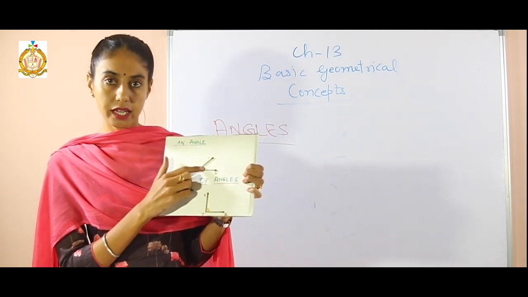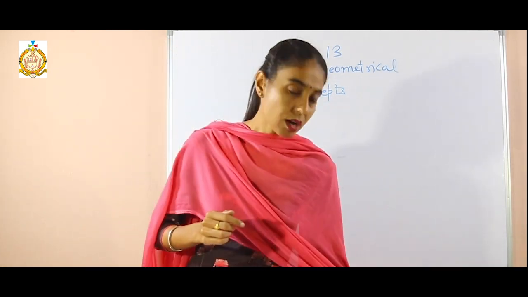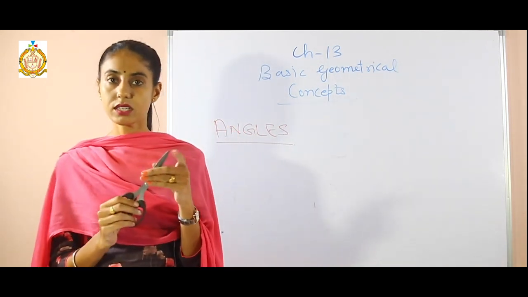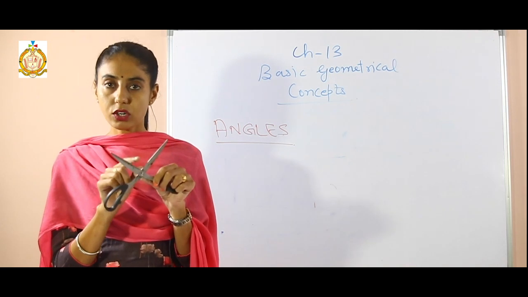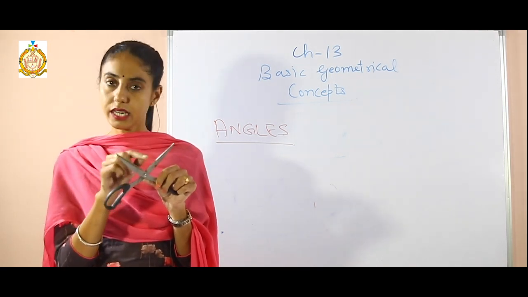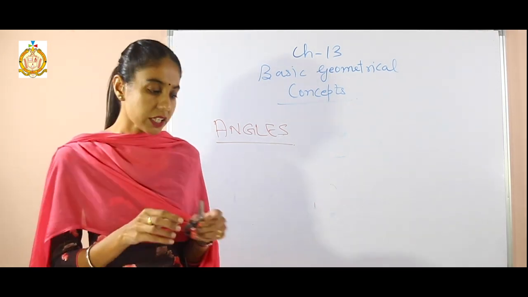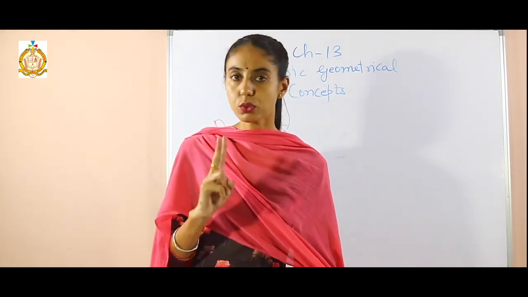This is called an angle. I am going to give one example. This is a scissor, and two arms of this scissor have one common endpoint and make an angle. So for the representation of angles you need two line segments.